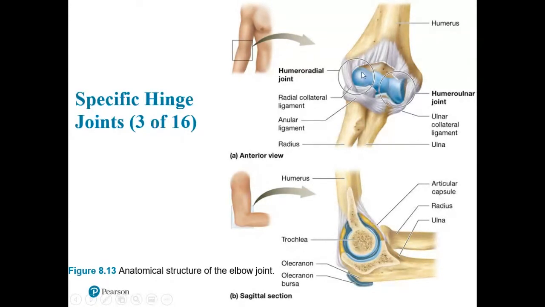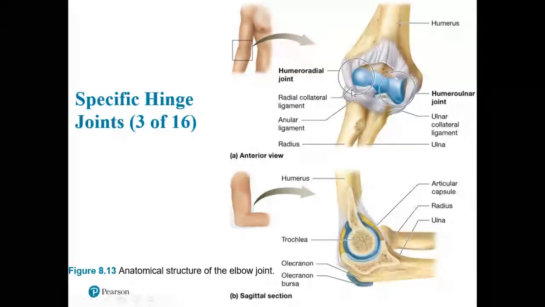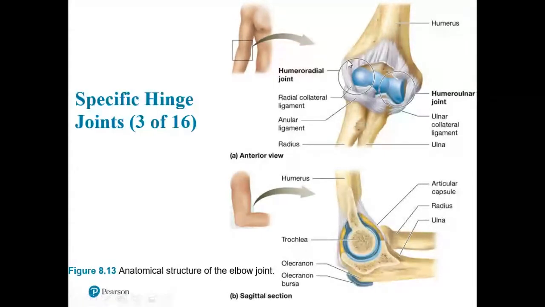Recall that these markings here are called epicondyles, and they're specific for building joints. There are several ligaments here that we need to be familiar with, at least three. We have the radial collateral ligament right here, joining the radius to the humerus.